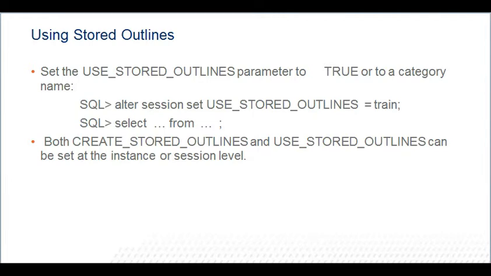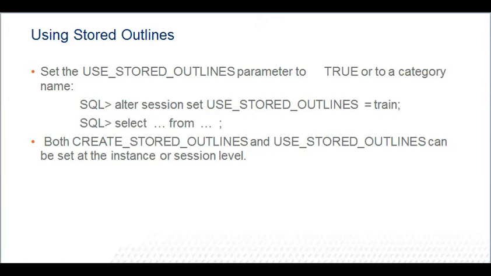To determine a SQL statement's execution plan, Oracle uses the following logic. The statement is compared to statements in the shared pool for matching text and outline category. If no matching statement is found, the data dictionary is queried for a matching outline. If a matching outline is found, Oracle integrates the outline into the statement and creates the execution plan. If no outline is found, the statement is executed using normal methods.